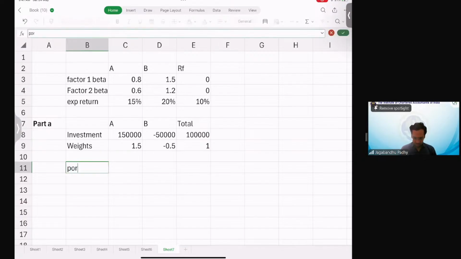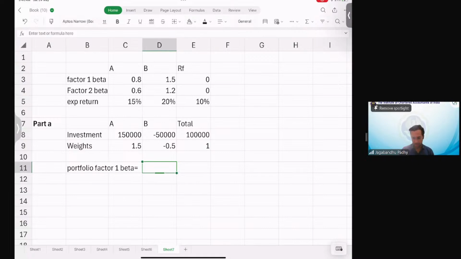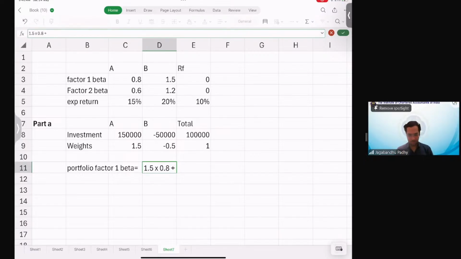And we can get portfolio factor 1 beta. Portfolio factor 1 beta will be 1.5 multiplied by factor 1 beta, which is 0.8, plus minus 0.5 multiplied by factor 1 beta, which is 1.5, because the betas are like 0.8 and 1.5.